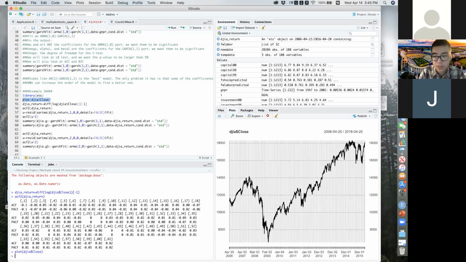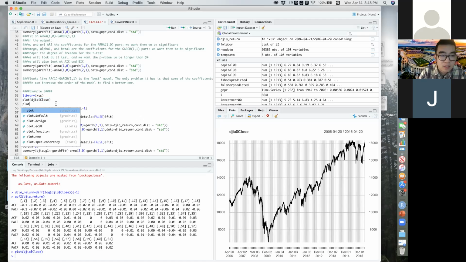So here's the close price of the Dow Jones from 2006 to 2015. Again, we can see some trend. It's not stationary, and we can see some variance. So we will take the log transformation.